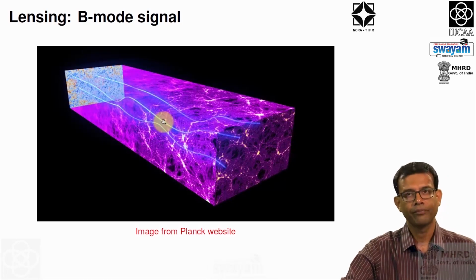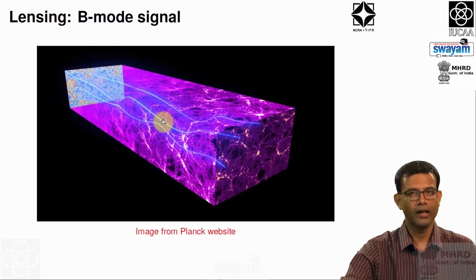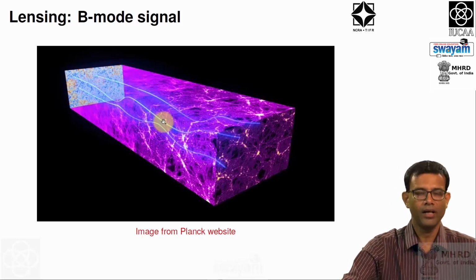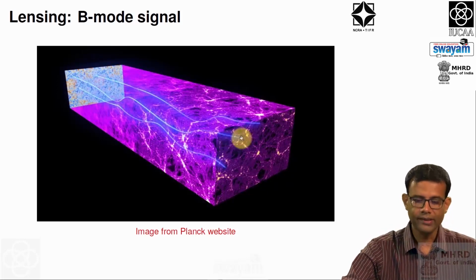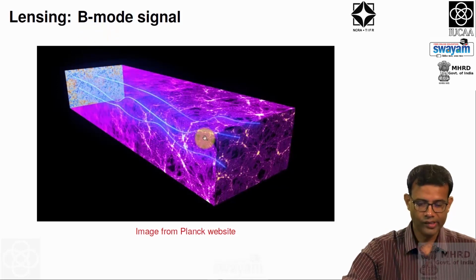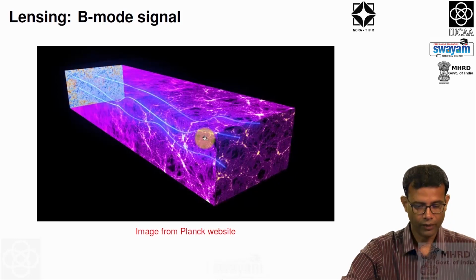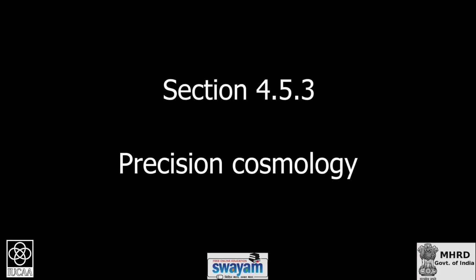Okay. This is a prediction of general relativity, that light will bend when it passes through a potential. So, this is called lensing. So, the CMBR photons will get lensed, and one can show that this lensing will give rise to an additional signal which will show as B mode polarization, and that is again an interesting case to study.